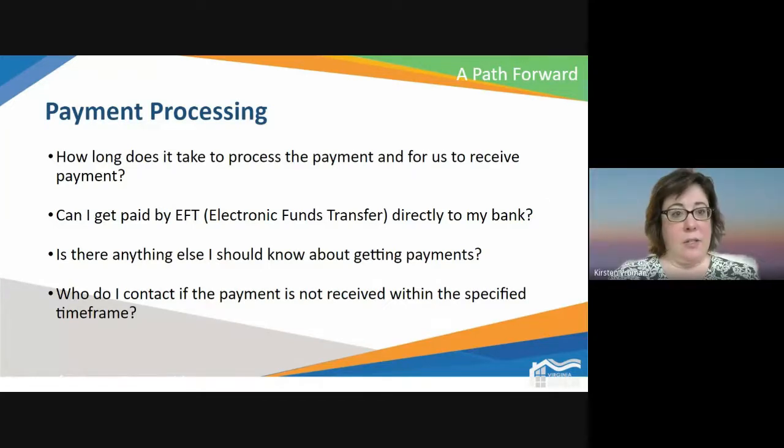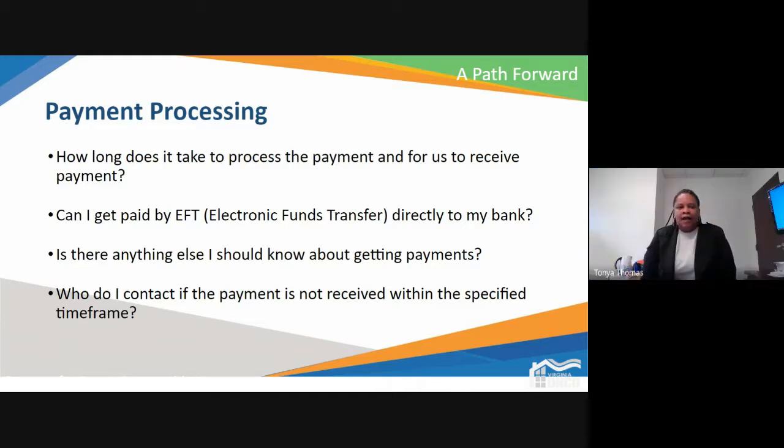Thanks for that clarification. With regard to payment processing, the first question is, how long does it take to process the payment and for us to receive payment? So by law of the Prompt Payment Act, we have 30 days to get that payment released to everyone. And depending upon if you're set up with EFT, which is electronic funds transfer, that would cause a delay in you actually receiving the payment quicker.